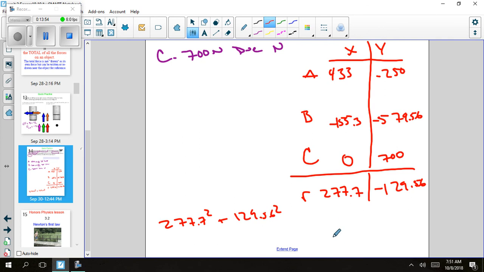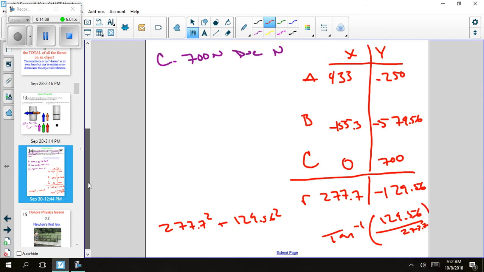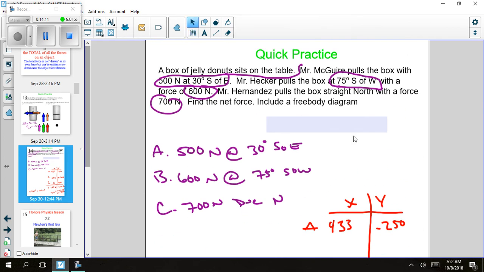And to get your angle, it's tangent inverse of y over x. And you should get 306.5 newtons at 25 degrees south of east.